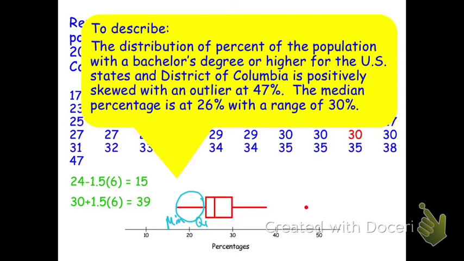Yeah, like 12.75. So about 13 people are from 17 to 24. About 13 people are between 24 and 26. About 14 people from 26 to 30. And then about 14 people from 30 to 47.